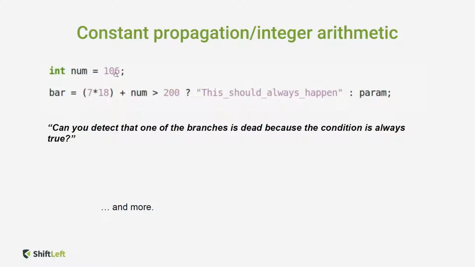But to determine that, you need to reason about this value num here, and trace that num is actually 106, and then carry out this calculation to find that this number is always bigger than 200, so I'm always going to end up in this branch, and the taint is not propagated. I hope this gives you an idea of the kind of challenges that are in there. And I guess also that these are primarily challenges that static analysis suffers under.